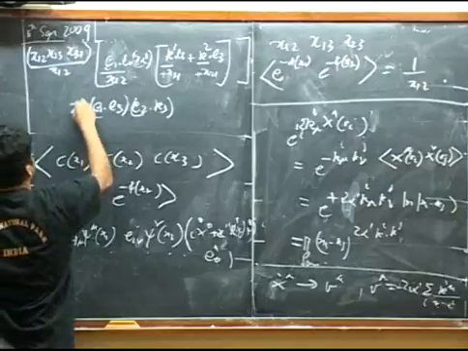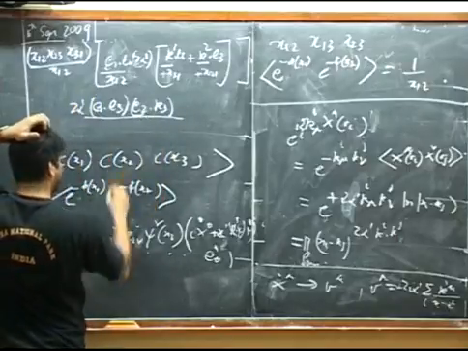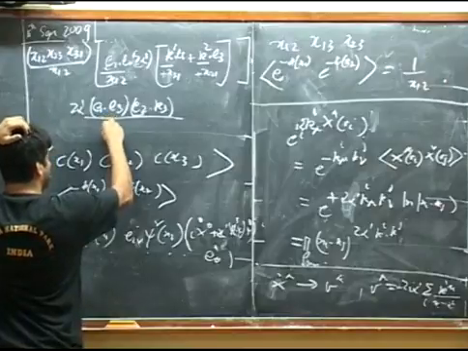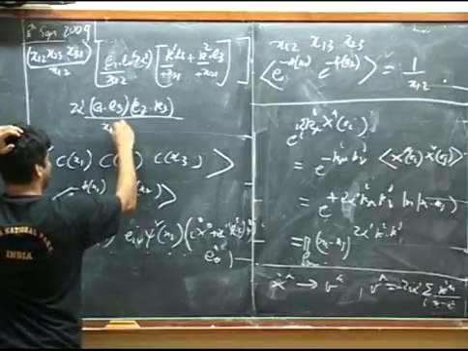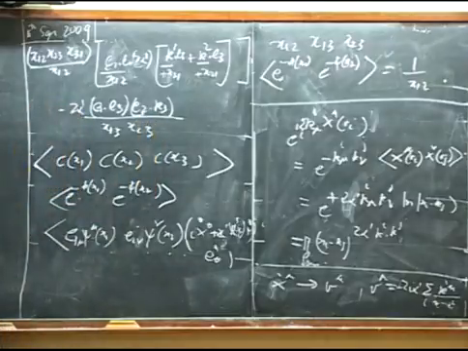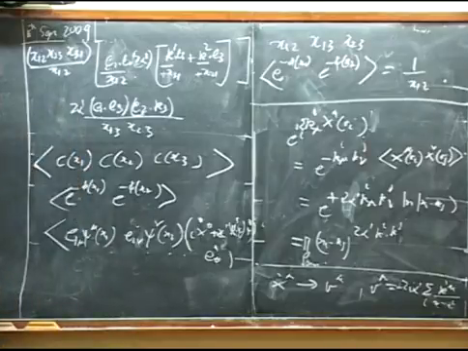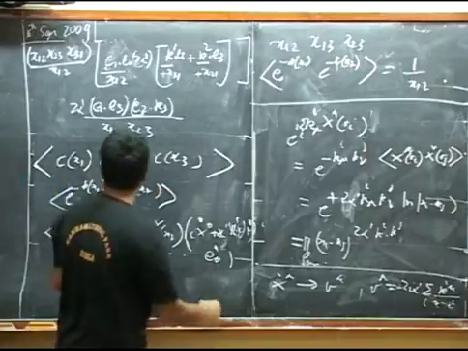We'll have a 2 alpha prime, and we will have minus x13, x23, and logarithms is a minus. No, there's no minus. There's no minus. We'll fix that by comparing equations.